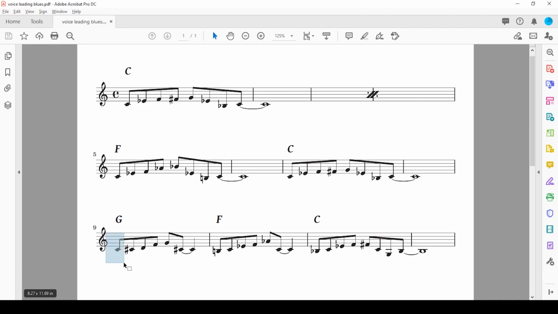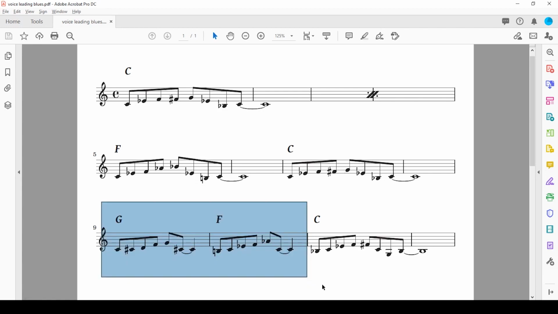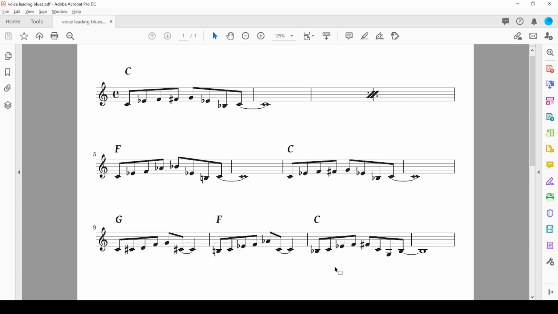For example, C goes down to B natural, but D goes up to E flat. So this connection right here is neither strictly getting darker or strictly getting brighter. It's sort of a sidestep. And so when I go C to G, darker, G to F, sidestep, and then F to C, darker, that makes C to C overall a motion downwards.